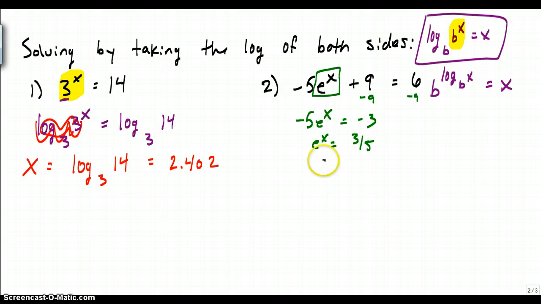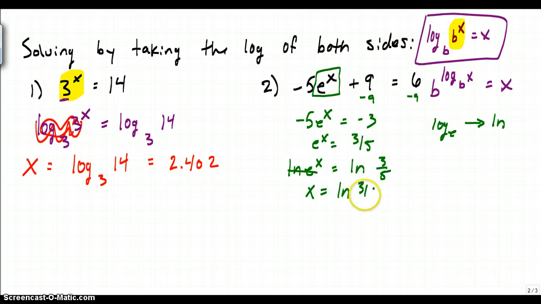Now we can take the log base e of both sides, but that's the same thing. Remember, log base e is the same thing as natural log. So I can take the natural log of both sides, and these cancel, and you're left with x equals the natural log of 3/5.